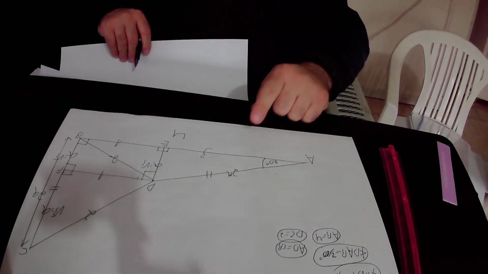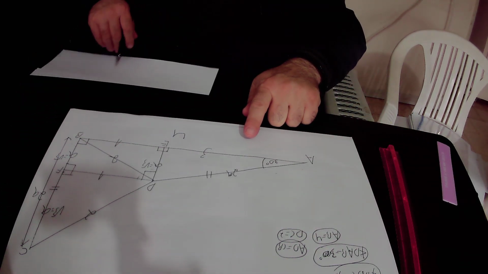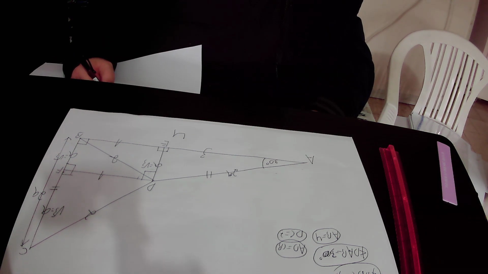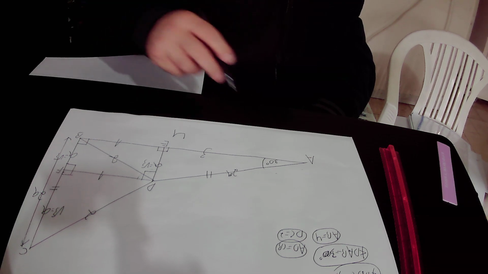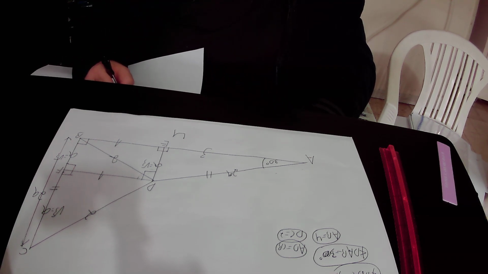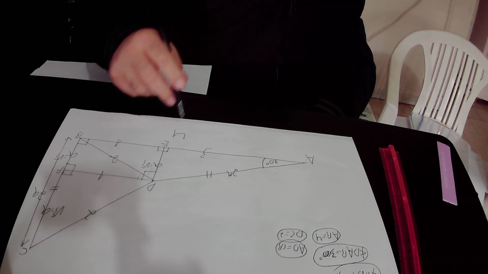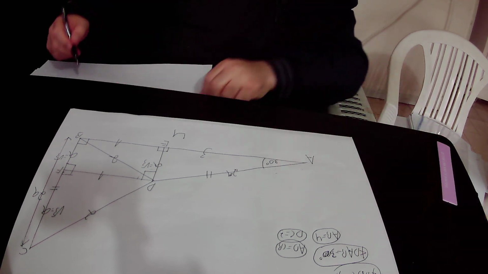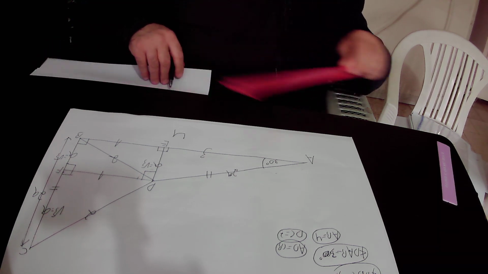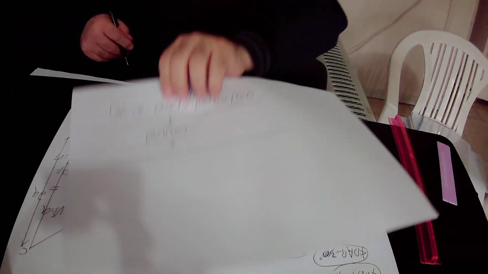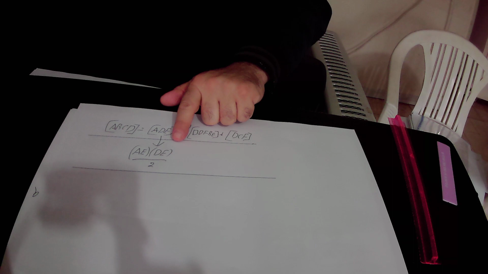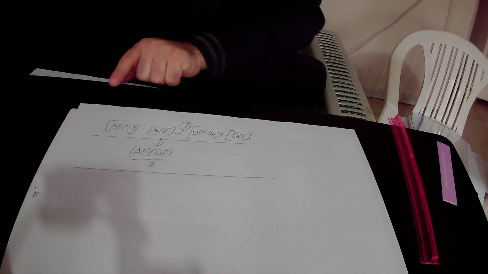So the area of the right triangle ADE equals the base of the triangle, that is AE, times the height to the base, that is DE, over 2.